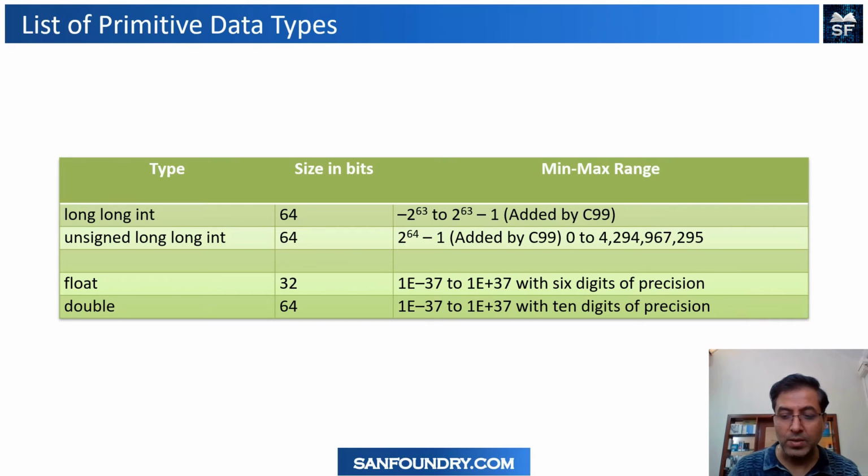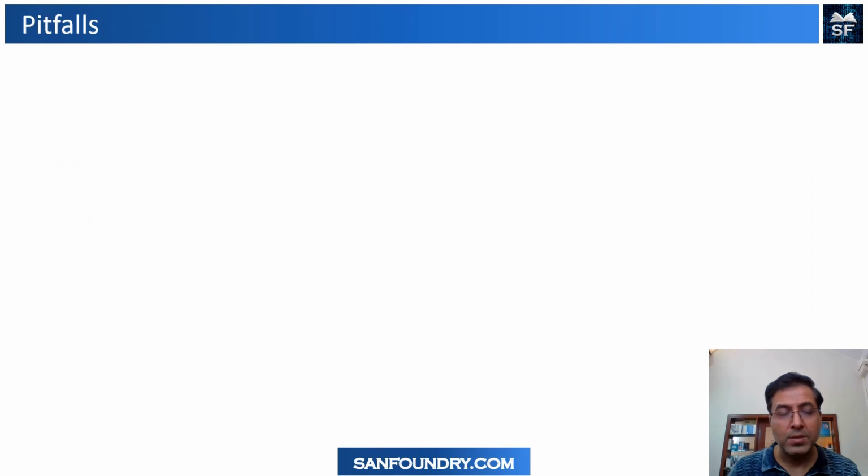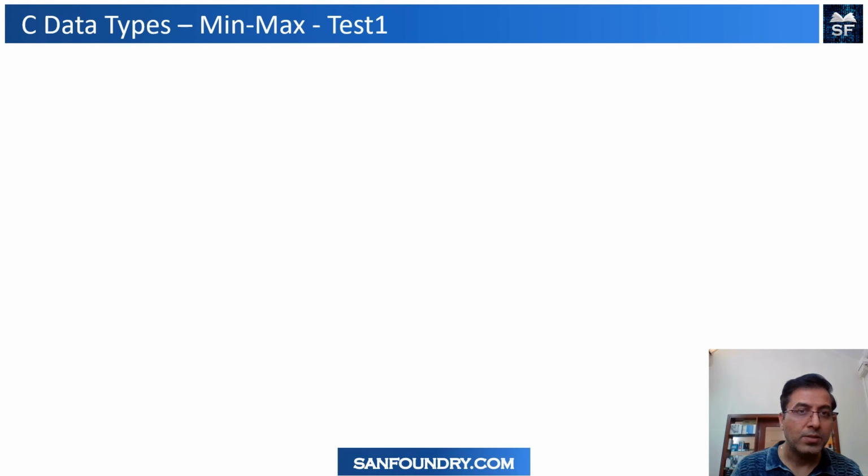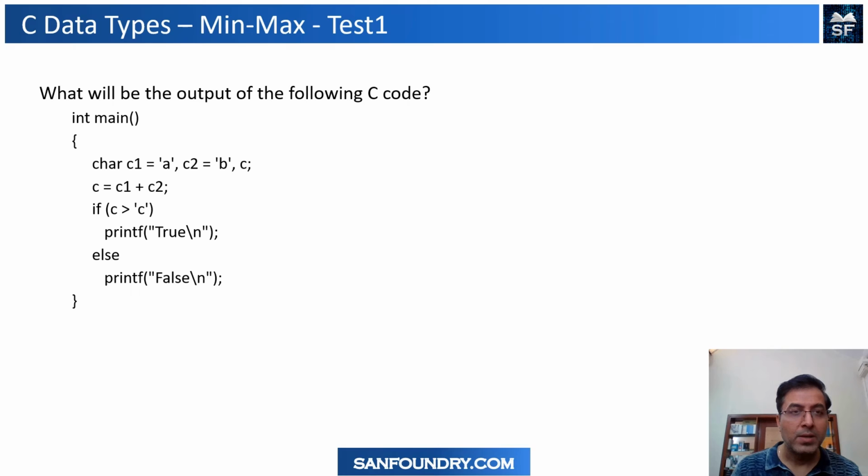Let's move on to understand the pitfalls, and see how much we know. I'm going to take 2 small test code snippets. Let's see if we can answer this question. What will be the output of the following C code?